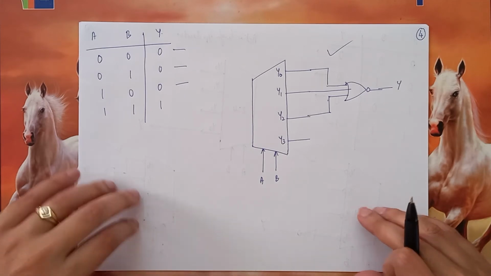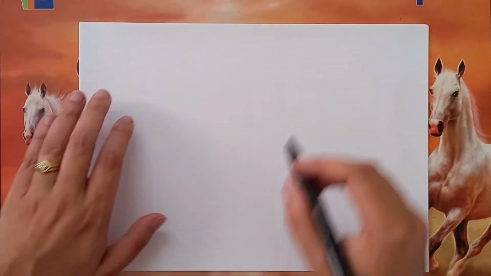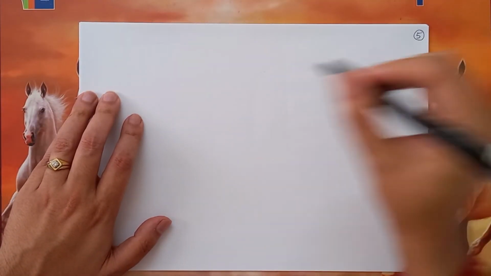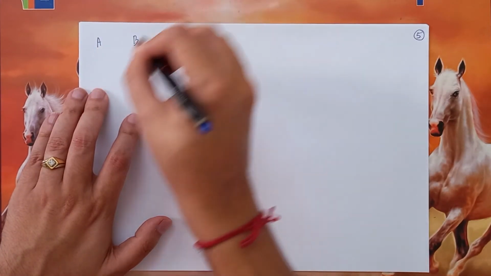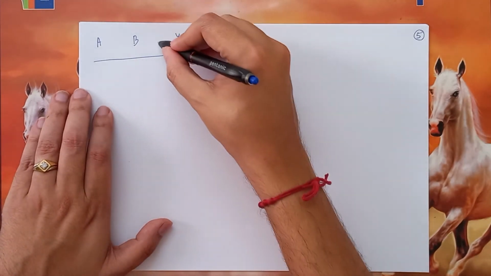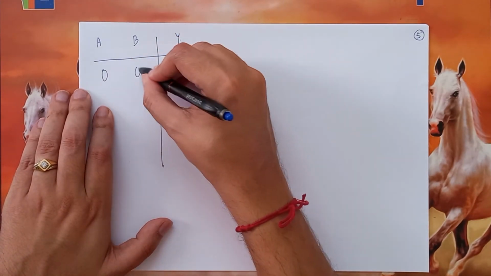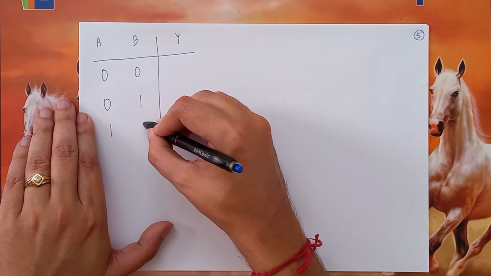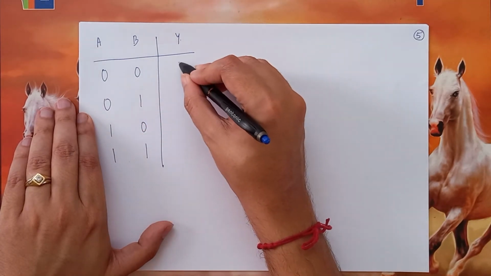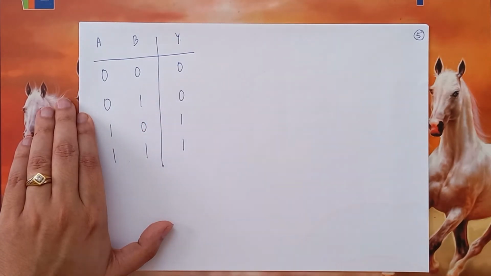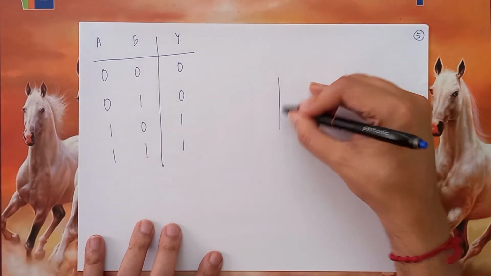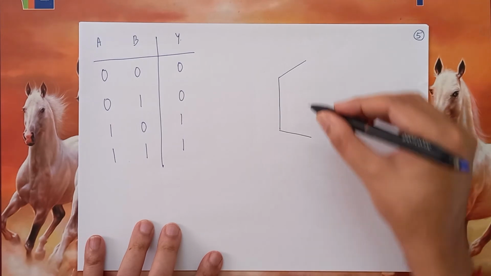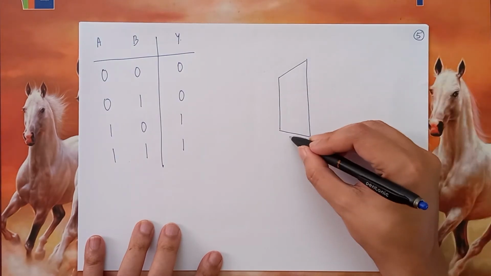Now let's take one more example. Let us say this is my function and I have a 2:4 decoder with active low outputs.